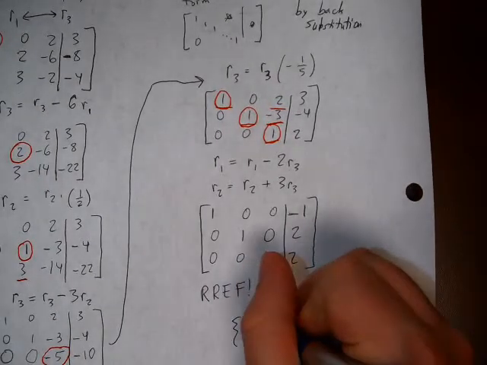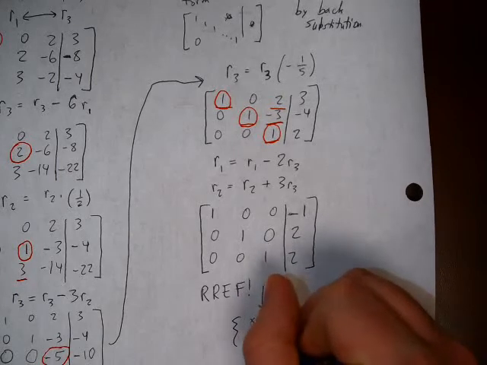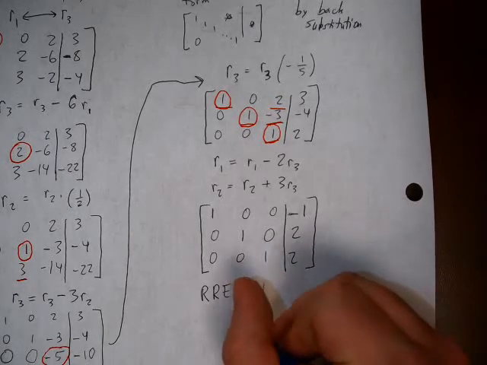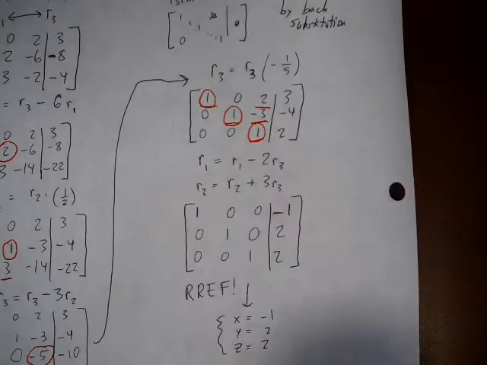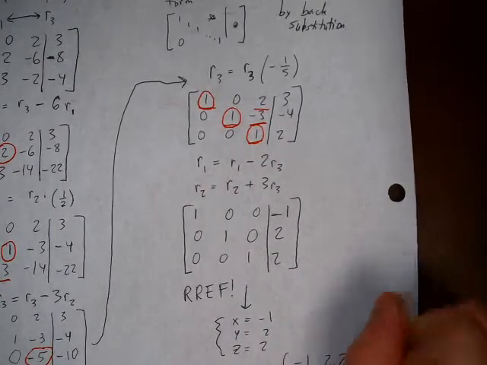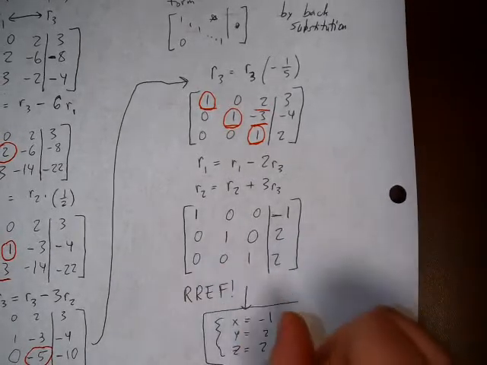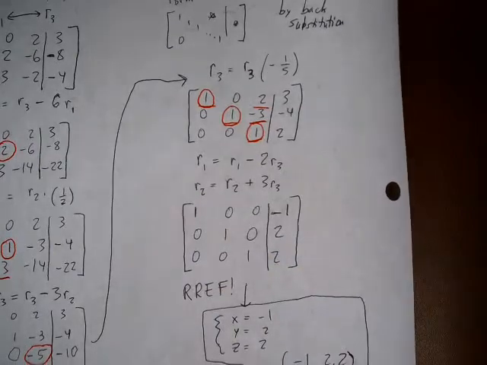So we'll say that x equals negative 1, y equals 2, and z equals 2. And so that would give us the solution, negative 1, 2, 2. Either one of these ways to write this form is absolutely fine.